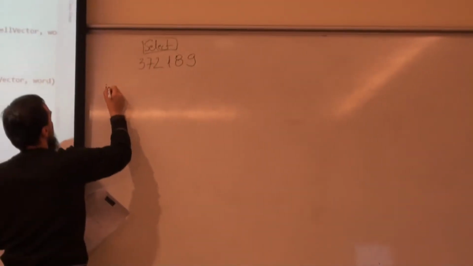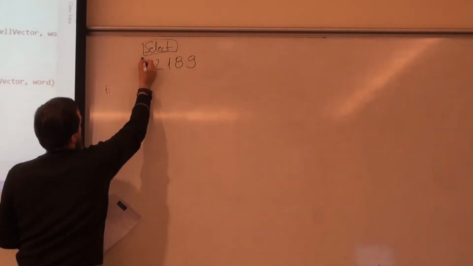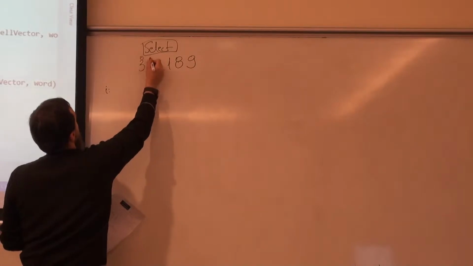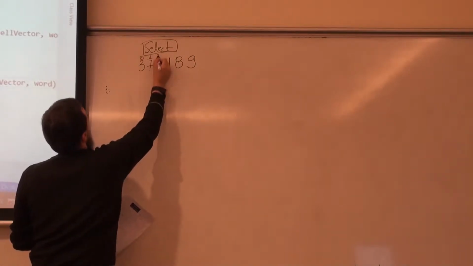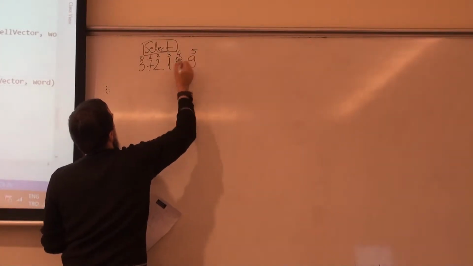So how it works is like this. We have the indexes here: index 0, 1, 2, 3, 4, 5.